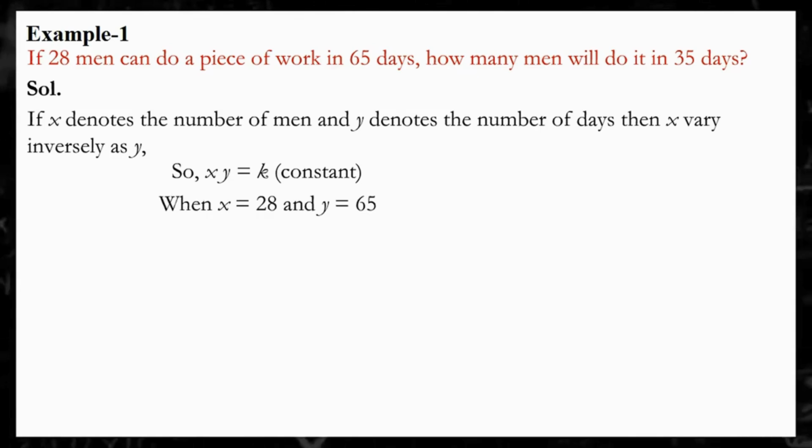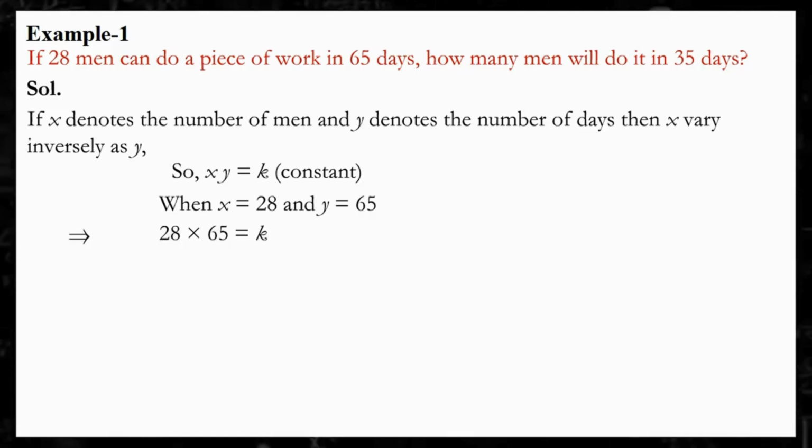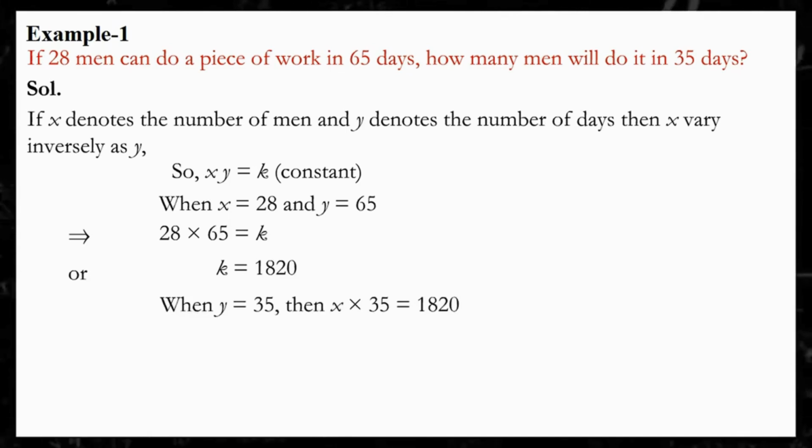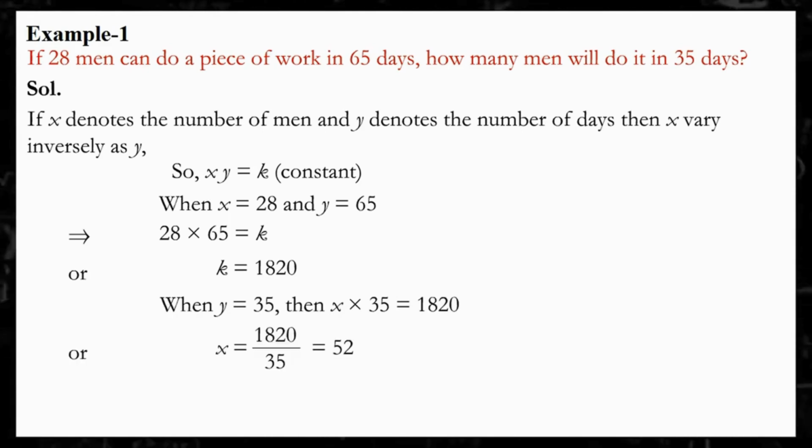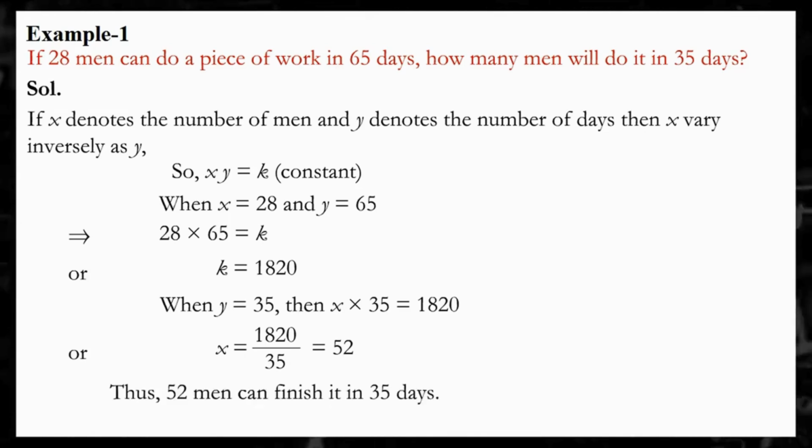When x is equal to 28 and y is equal to 65, this implies 28 into 65 is equal to k, or k is equal to 1820. When y is equal to 35, then x into 35 is equal to 1820, or x is equal to 1820 upon 35 is equal to 52. Thus, 52 men can finish it in 35 days.